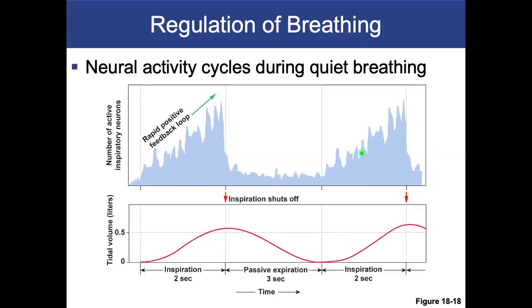Then the nerves chatter gets louder, you take a breath in, and then the nerves shut off, the muscles relax, and you exhale. So inhalation is active, right? Because you're contracting those muscles, those nerves are on. And then exhalation is passive. Those nerves shut off the skeletal muscle and the skeletal muscles relax.